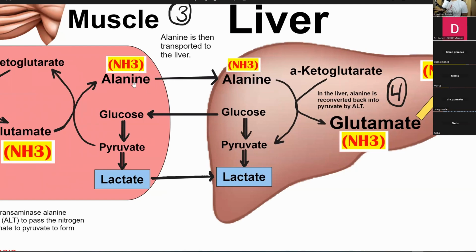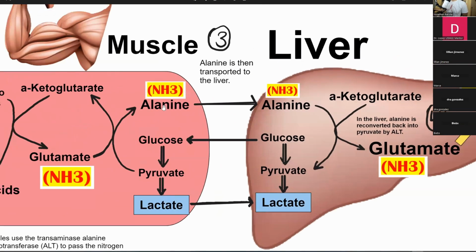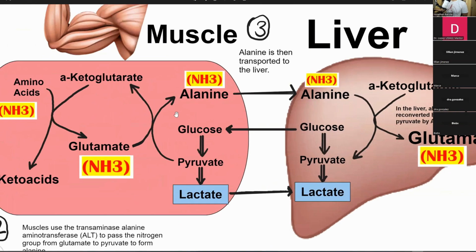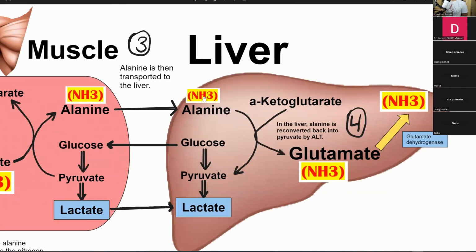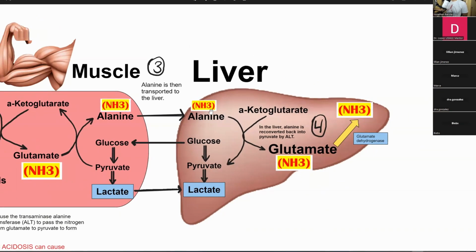In your First Aid book, you'll see it drawn like alanine, but it's two things: glutamate and alanine can both travel through the bloodstream in order to reach the liver to run the urea cycle. The purpose of the urea cycle is basically to take this ammonia and convert it into urea.